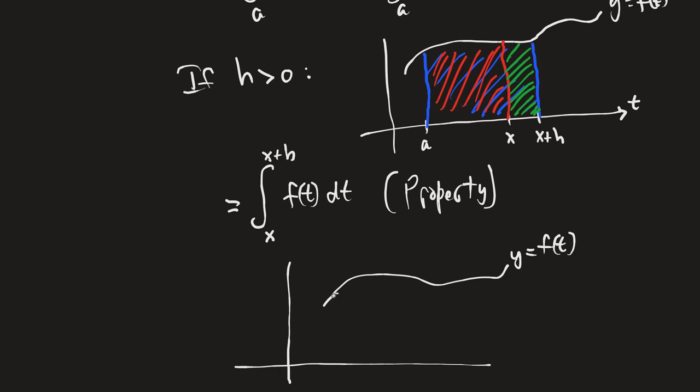And let's say this is x, and then let's say this is x plus h. And again, let me shade it in green so it's consistent with the shading above. Now, let's say we're doing a left Riemann sum, and I take this rectangle.